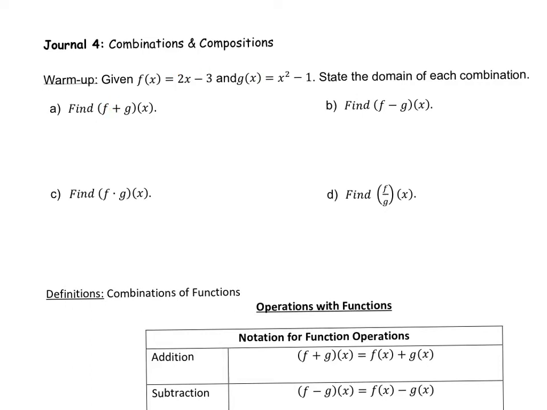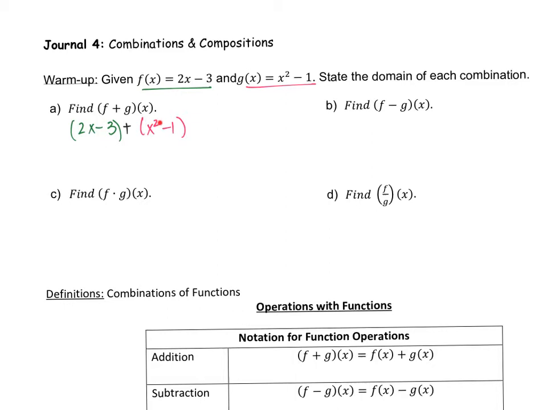So what I like to do is first take the functions. If I have this one be f and this pink one be g, I'm going to take f, which is 2x minus 3, and I'm going to add, because this says add. So I'm adding this equation with the other one, which is x squared minus 1. If I'm adding these two, all I'm doing is combining like terms if I have any.